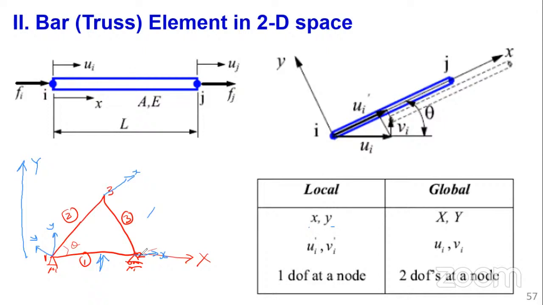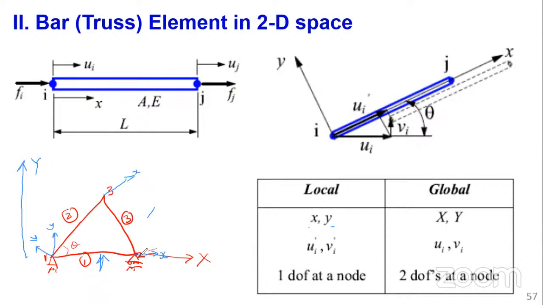Therefore, when we come to the assembly stage, remember we are assembling the stiffness matrices of individual elements, which we call elemental stiffness matrices, to get the global stiffness matrix. And you noted that assembly is just matrix addition. To add, we have to add them when they are in a common coordinate system.